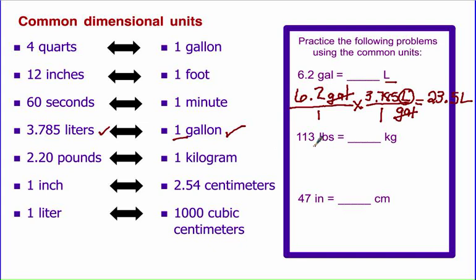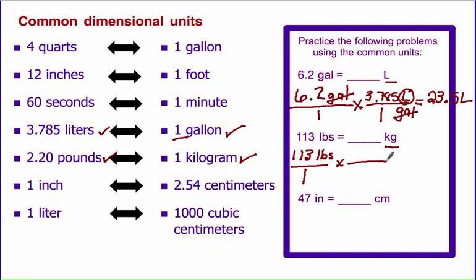If we have 113 pounds, we want to convert the pounds into kilograms. So I'm going to come over here, and this one right here, I have kilograms and pounds. So I'm going to start with my 113 pounds. And I'm going to make that into a fraction.